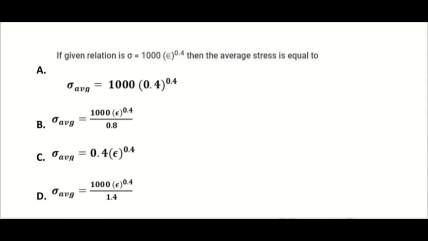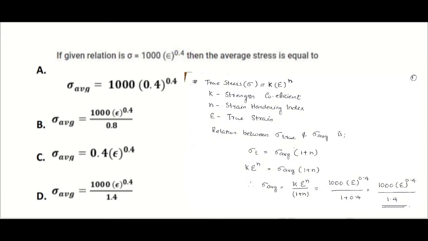Next question. Given the relation sigma is equal to 1000 epsilon raised to 0.4, then the average stress is equal to what? The relation sigma is equal to 1000 epsilon raised to n is the relation between true stress and true strain.